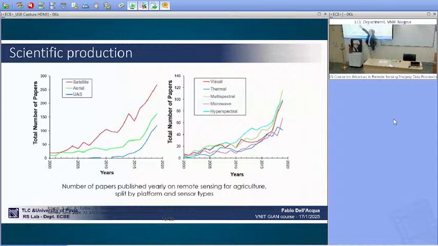And you see satellites are generally the most widely used type of platform, and broken down also by type of data collected. And you see in this case, it's more evenly distributed.